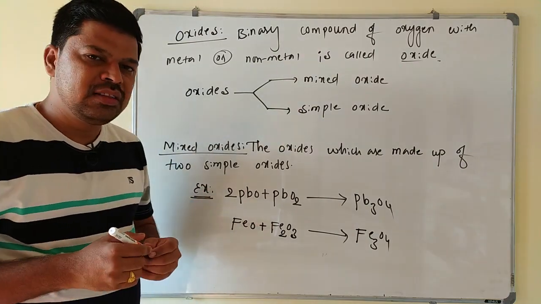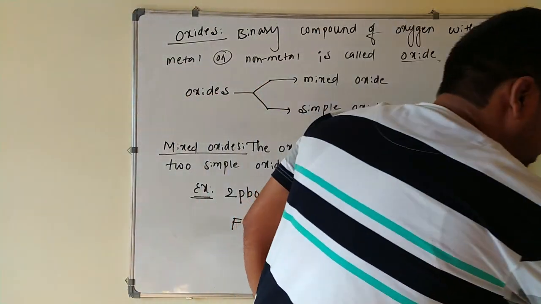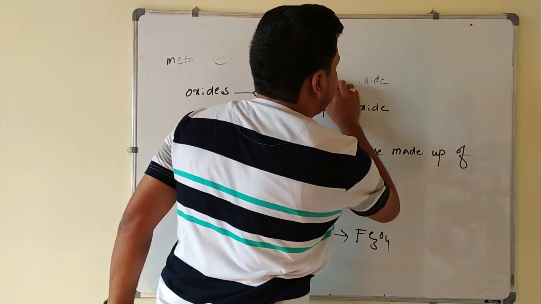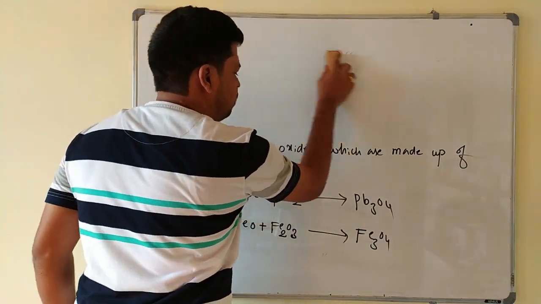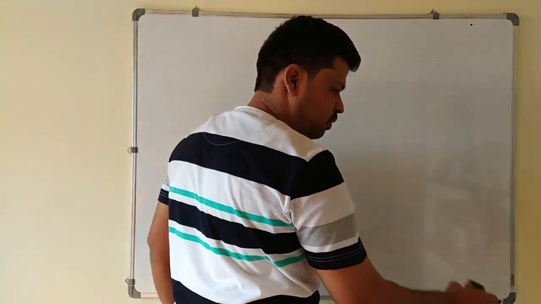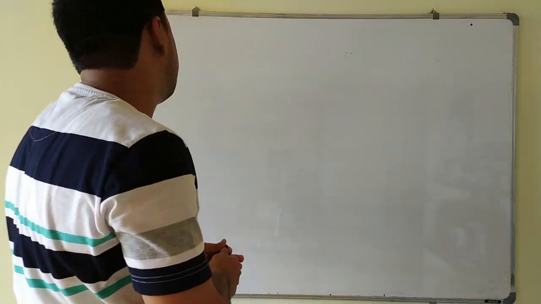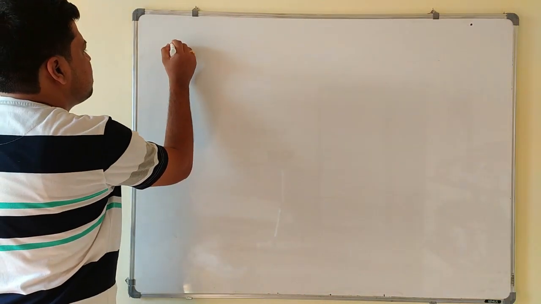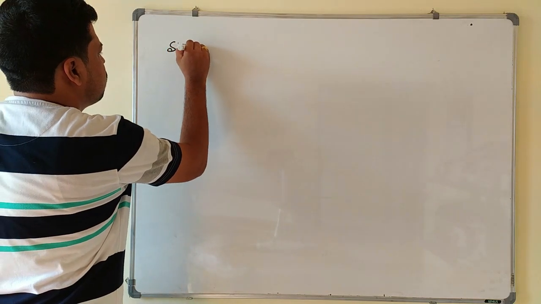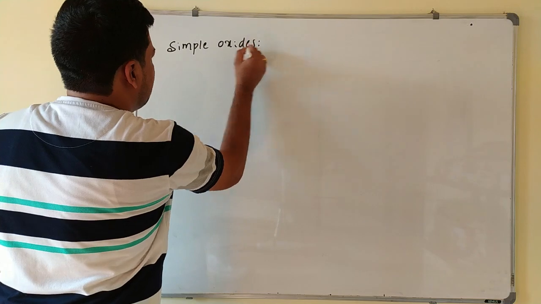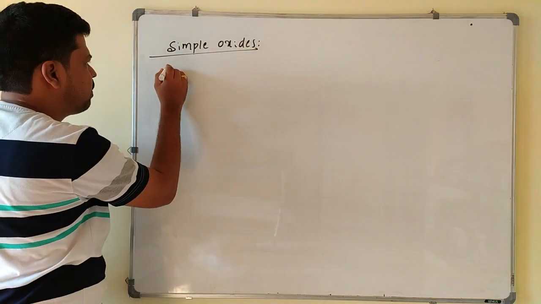Next we will go for the simple oxides. Here the simple oxides are again classified into 4 types.